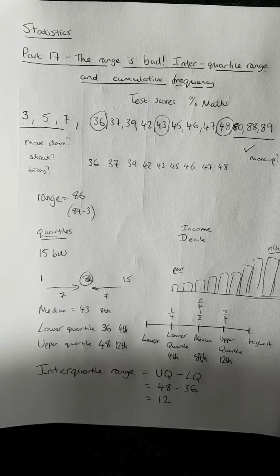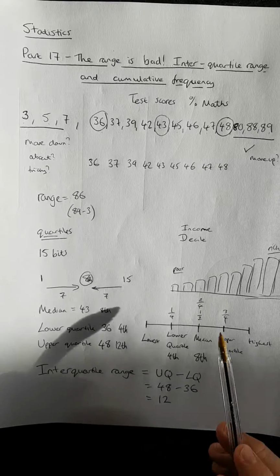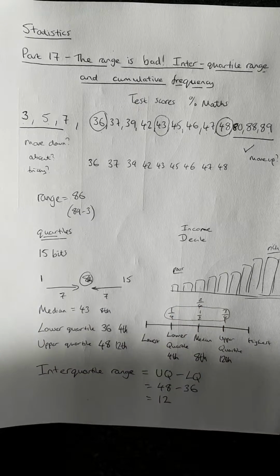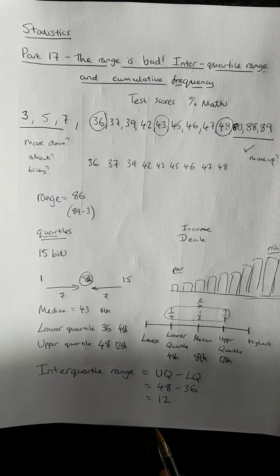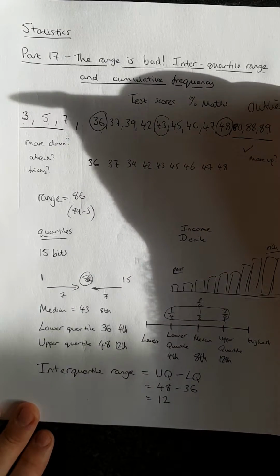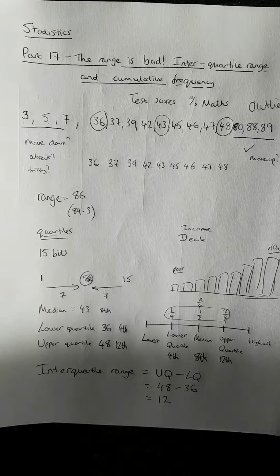So in this situation, the range of the middle half of our data is just 12. So our data is all fairly similar. Our overall range was 86. So we had some outliers on either end of the data set.